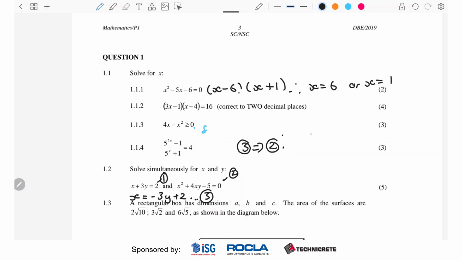That will give me negative 3y plus 2 squared plus 4 times negative 3y plus 2y minus 5 is equal to 0.